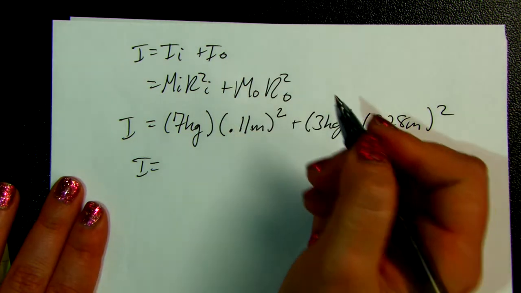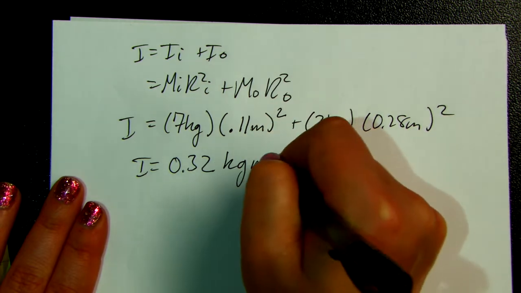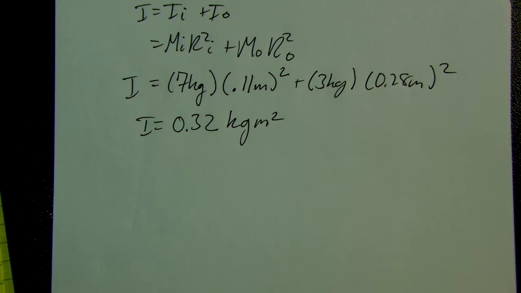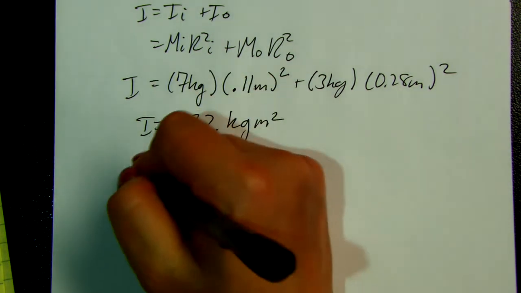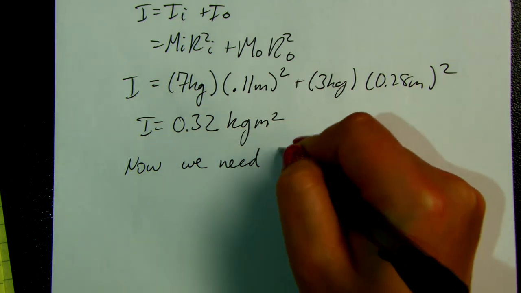Our moment of inertia for this system is equal to 0.32 kilogram meters squared. And yes, that is the correct unit for a moment of inertia. Okay, so now we need to handle something else.